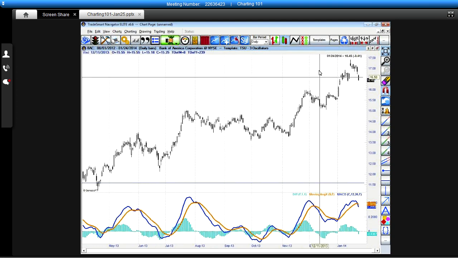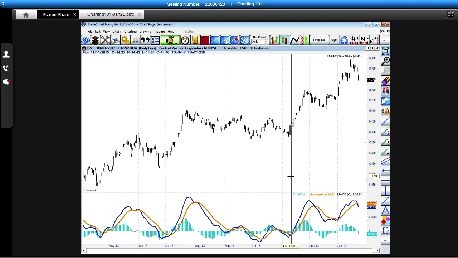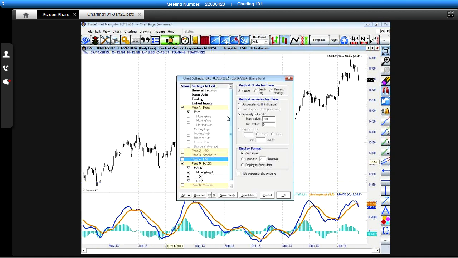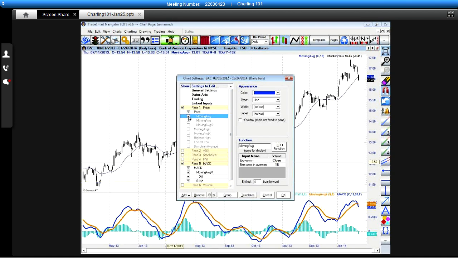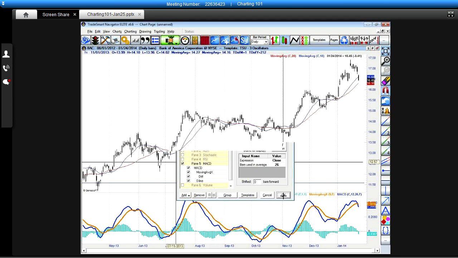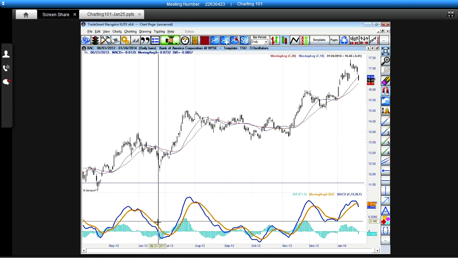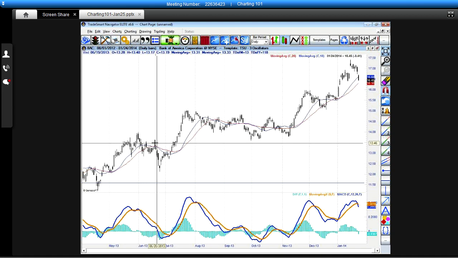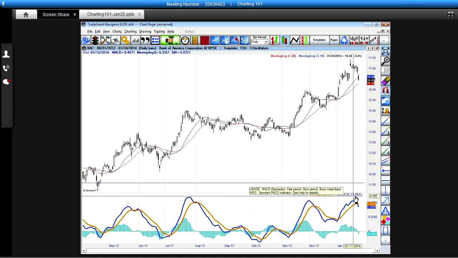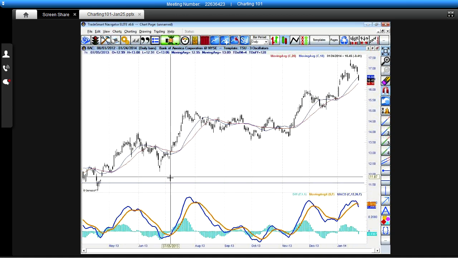And then if we were also to put, let's see if I could put the 12 and 26 on here. So you see here that it crossed zero on the MACD line, and you also could see that it crossed up here on the 12 and 26 moving averages.